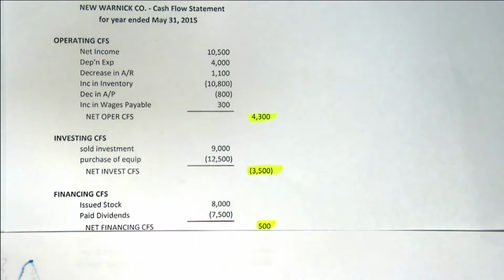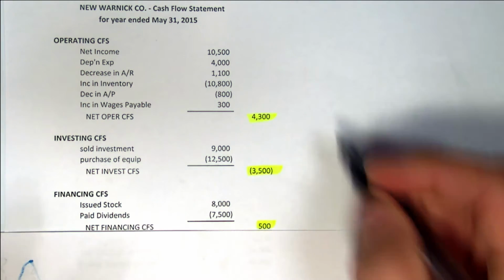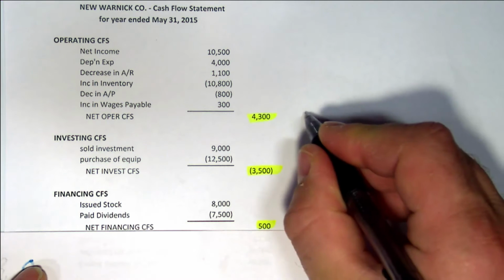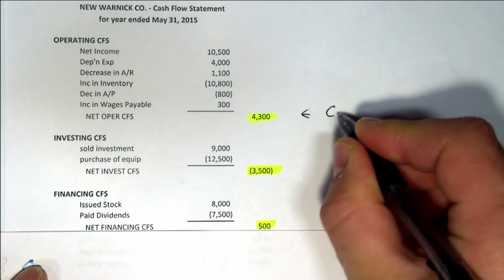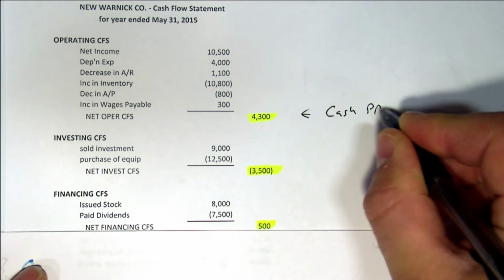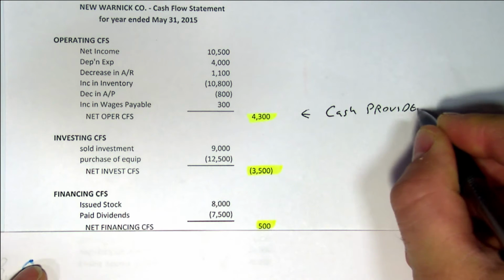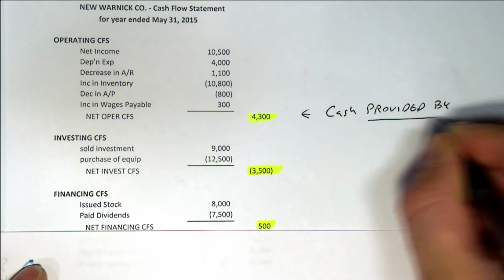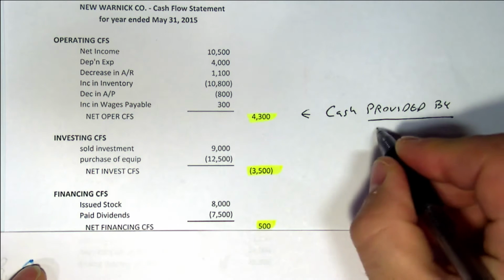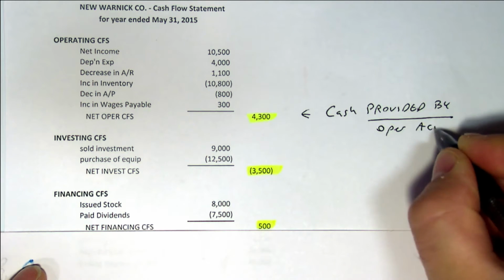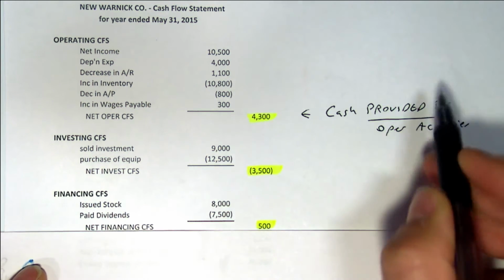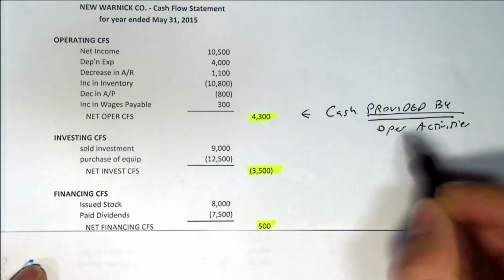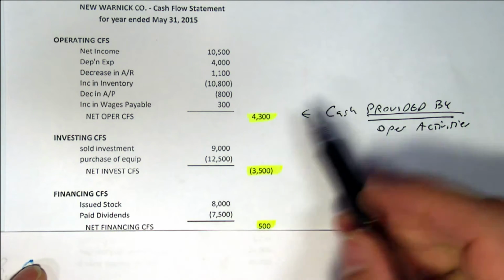The way the book likes to do this, though, is if it's positive, they call it cash provided by operating activities, since it's a positive number.